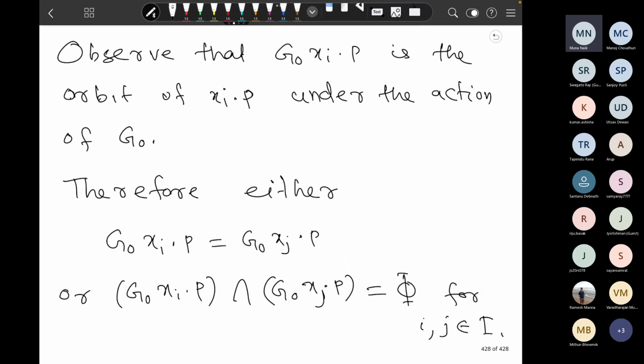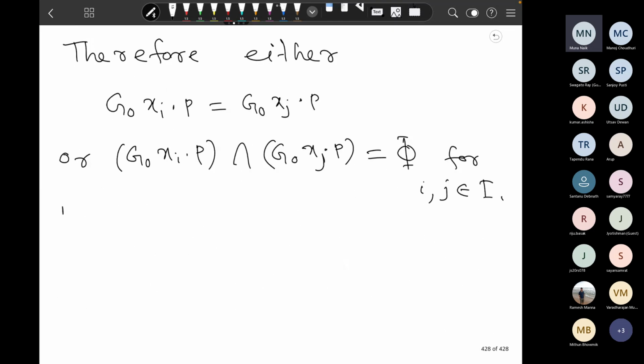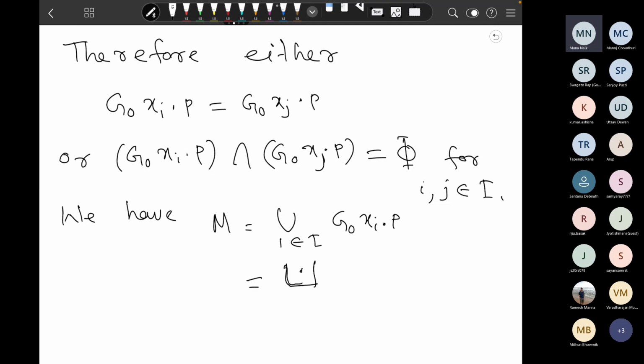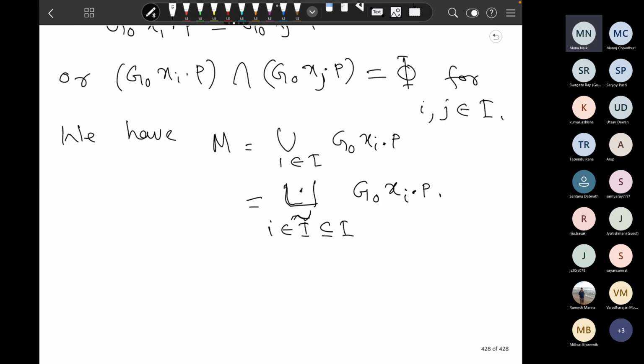Now we have M equal to the union over i belongs to I of G naught xi dot p. Since these are either disjoint or the same, I can write this as a disjoint union over i belongs to I tilde, where I tilde may be a subset of I, of G naught xi dot p, and each G naught xi dot p is open.